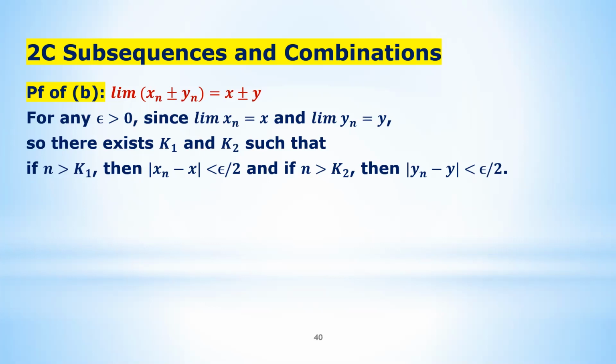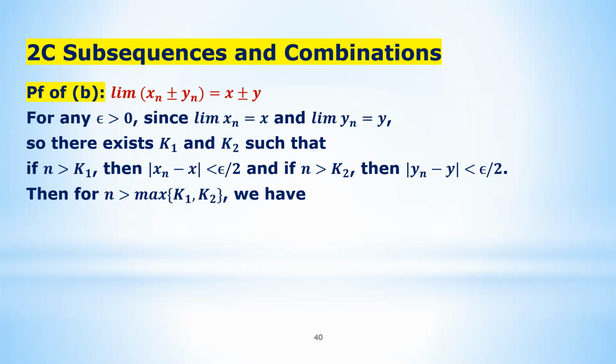When n is greater than k1, you will have this inequality. And when n is greater than k2, you will have the similar inequality for the y sequence. And then I can combine these two inequalities to produce the inequality I want for the combined sequence. When I combine, I want to make sure that both inequalities, for xn minus x and yn minus y, hold. So I have to pick n greater than k1 and also greater than k2.